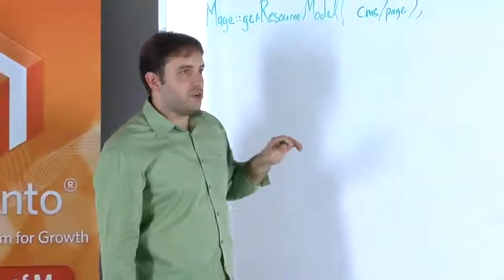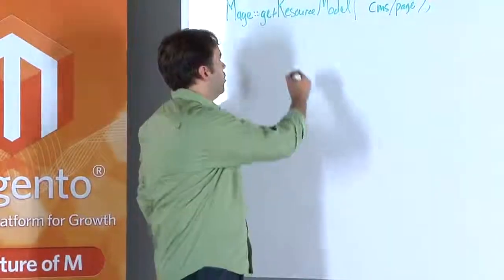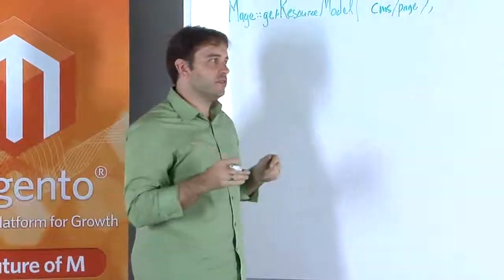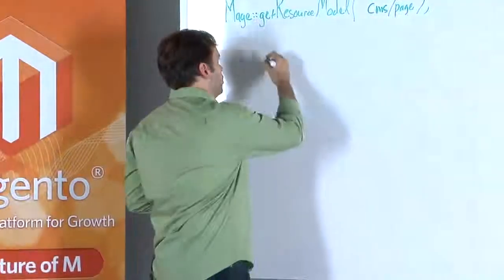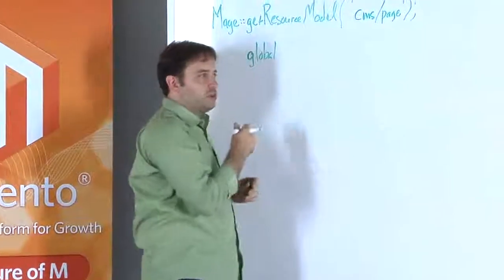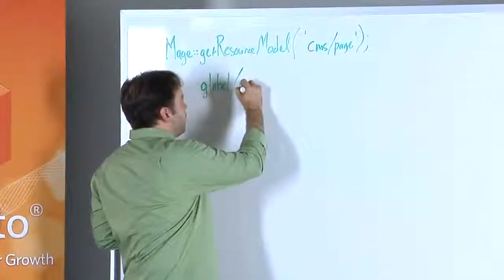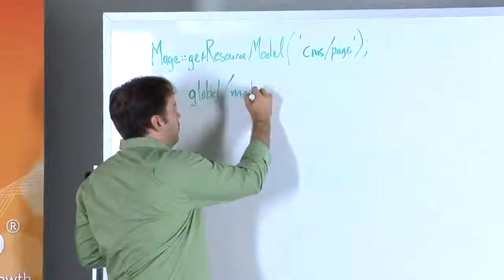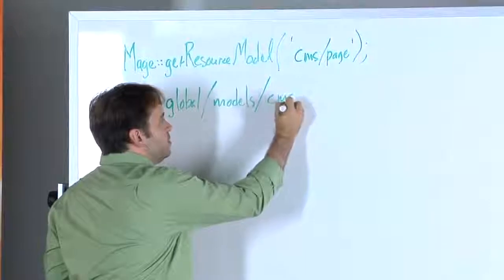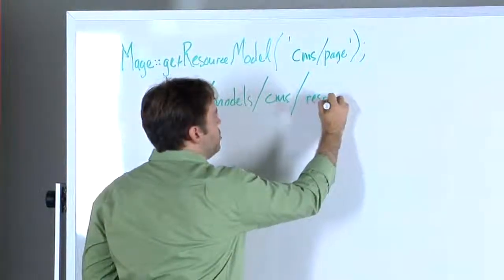Now the difference is, whereas CMS page in get model would look under in the configuration DOM structure, we're going to look for this XPath, global, and this is Mage Core Model Config, again, doing the work. Global, models, CMS, resource model.